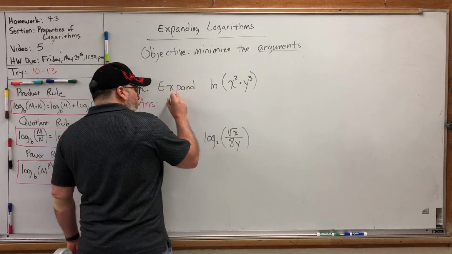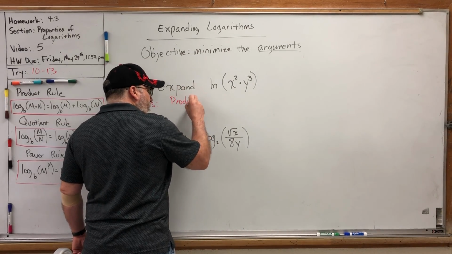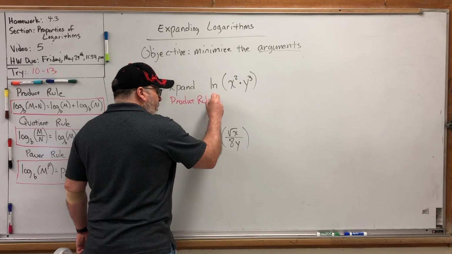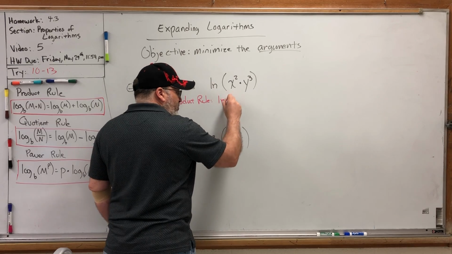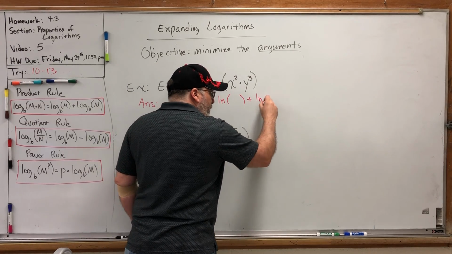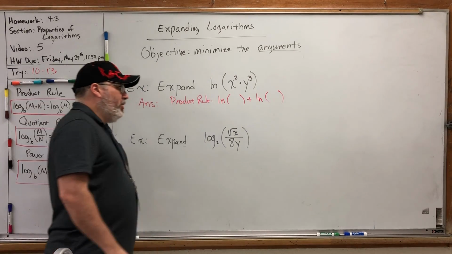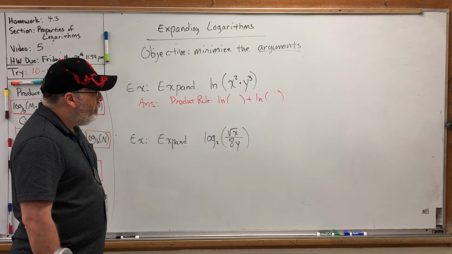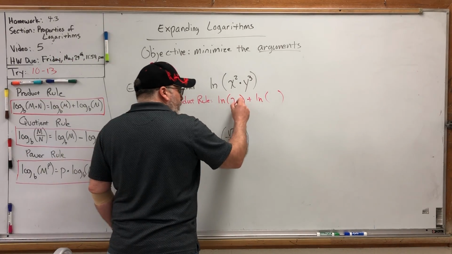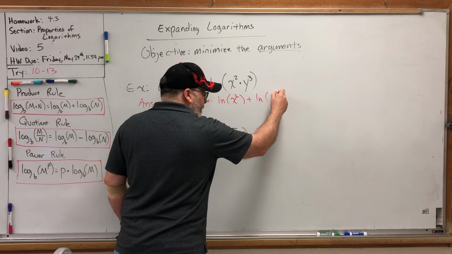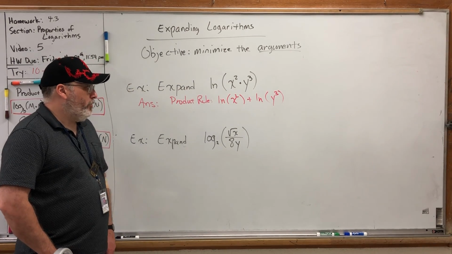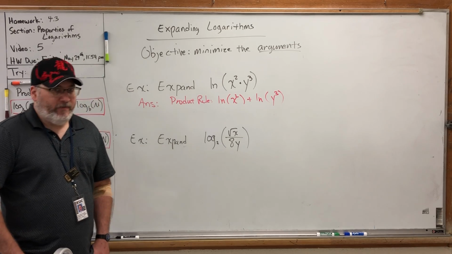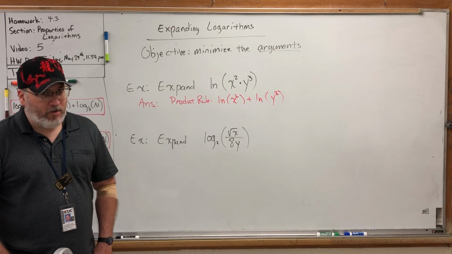So if we use the product rule first, the product rule says that the log of a product equals the sum of the logs of the factors. So the first factor is x squared, the second factor is y to the third, and so the natural log of x squared times y to the third equals the natural log of x squared plus the natural log of y to the third.